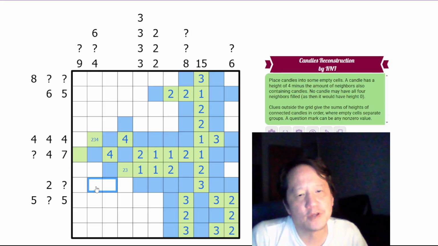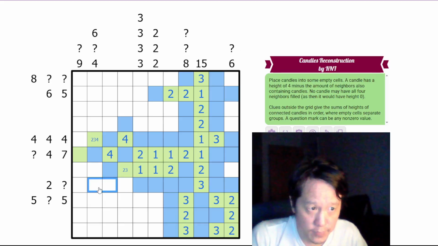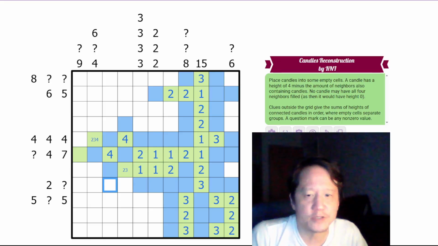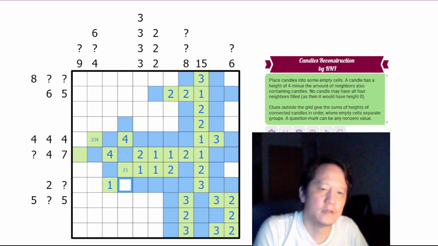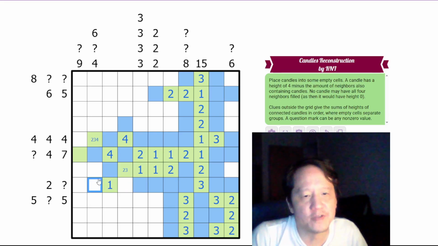One interesting thing is here. You could have 1, 1 here potentially. 1, 1, 1. You cannot have 1, 1 here. Because if this is 1, so if this is green, then one of these is necessarily blue, which means it would not have 3 cells with candles in it.